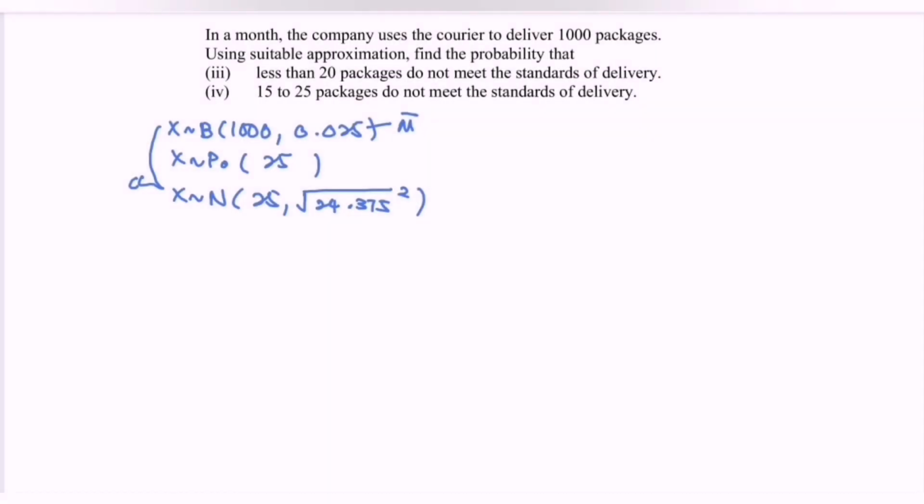Next, number 4. Find the probability that we have 15 to 25 packages that do not meet the standard of delivery. So step number 1, the continuity correction. We have 14.5 and 25.5.